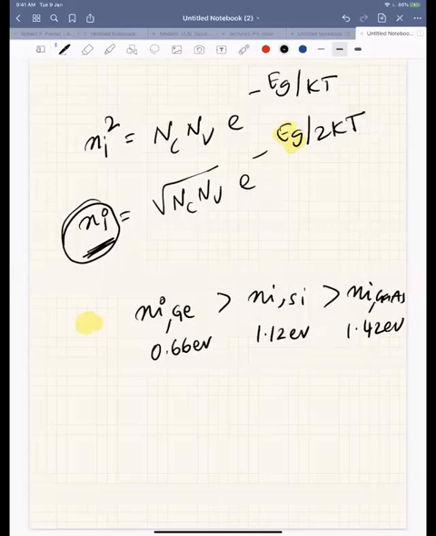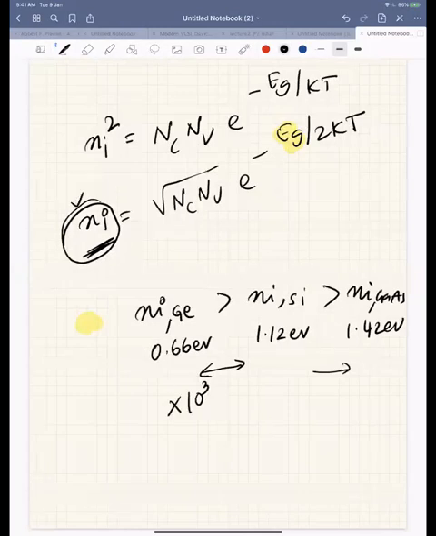Ni of germanium is around 10 to the 3 times higher, so germanium's intrinsic concentration is 1,000 times higher than silicon, and similarly gallium arsenide has almost 1,000 times lower than silicon.